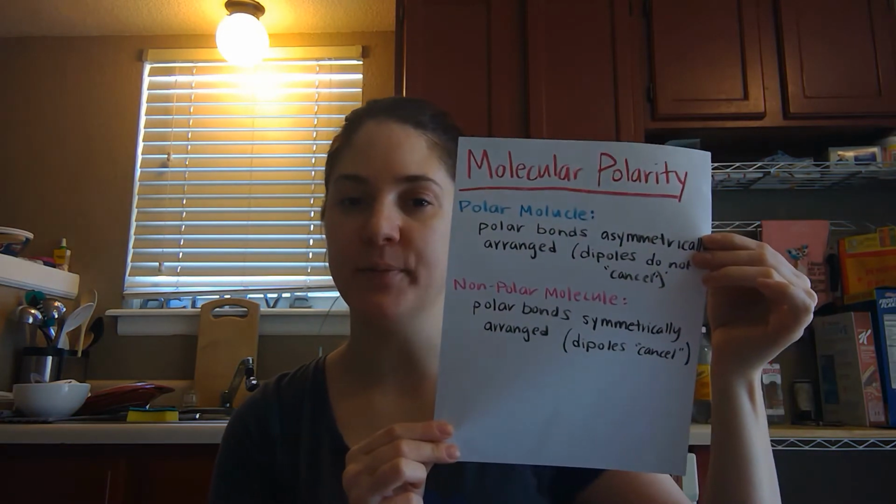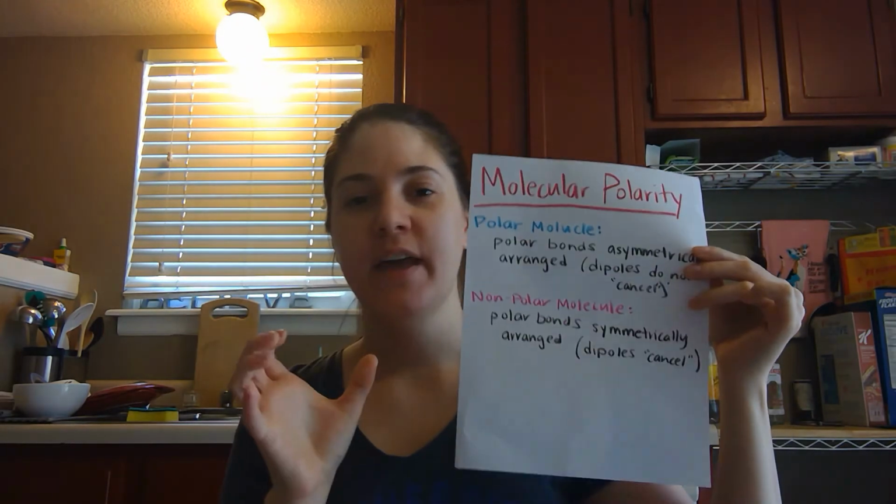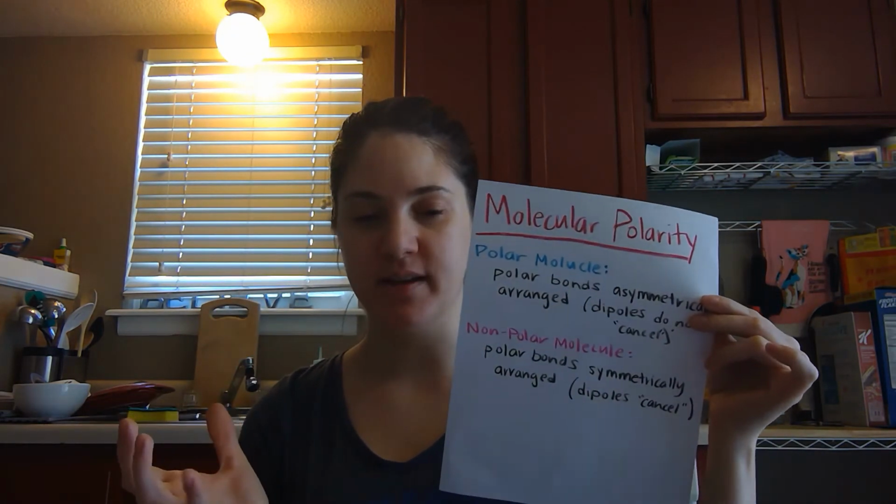So that's determining molecular shape. Keep that in mind and then bring back all of what we reviewed with electronegativity and bond polarity, and we're going to combine all of that to figure out molecular polarity. So a molecule is polar if it has polar bonds that are arranged asymmetrically. What I mean by that is the polar bonds aren't symmetric.